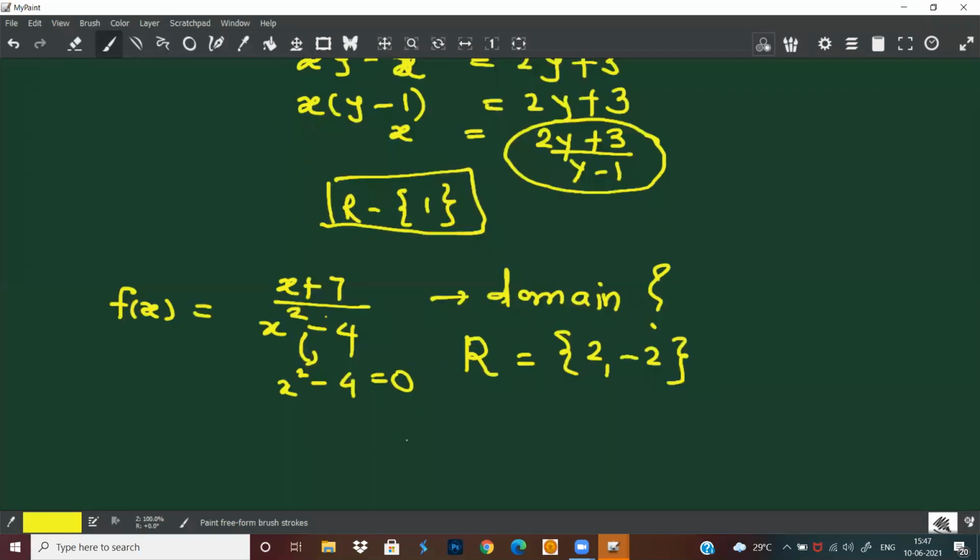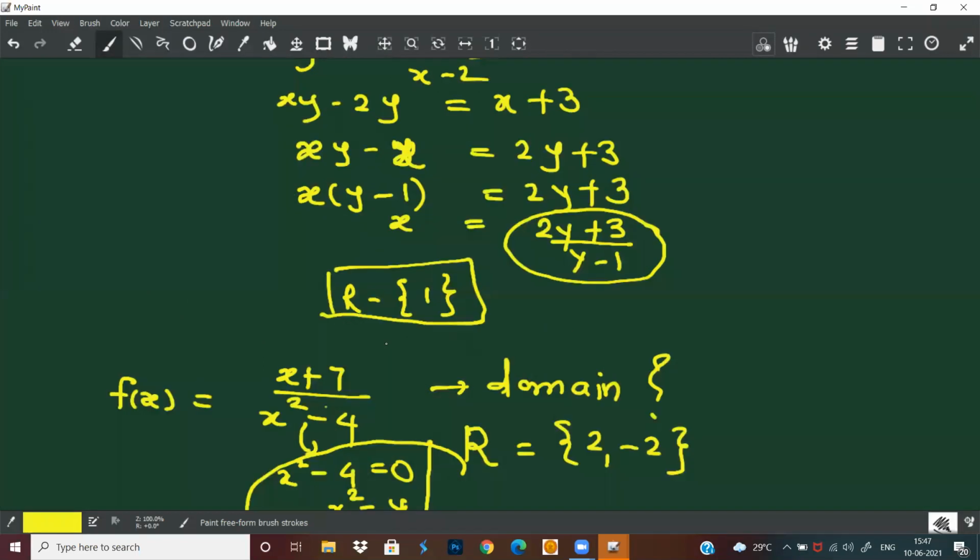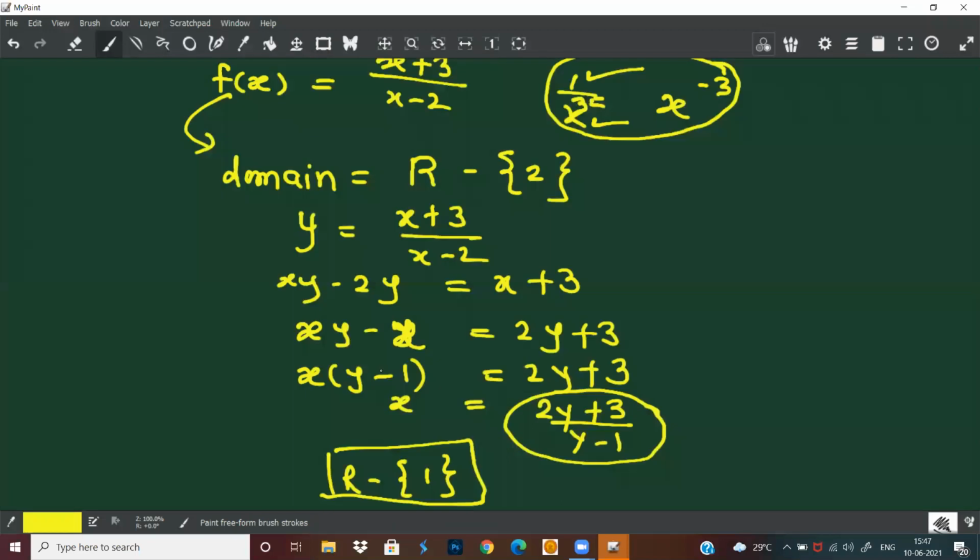So x square is 4, so x is plus or minus 2. So at plus or minus 2, the function will not be defined. Yeah? Is all of the rational function clear?